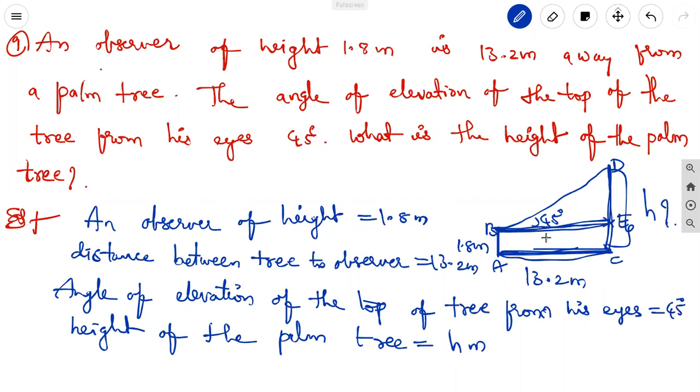The same distance from B to E also. But 1.8 is deducted from the height.